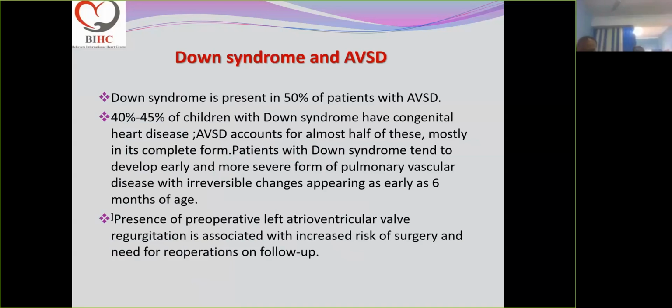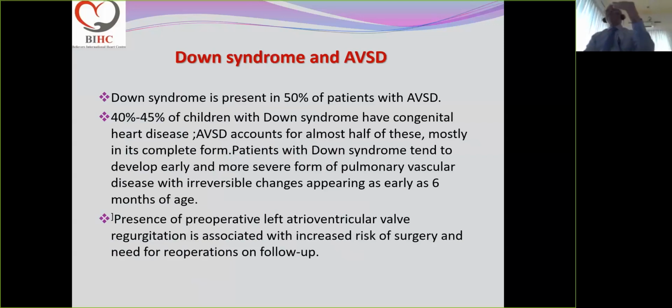We were discussing Down syndrome and saying that nearly half of them will have congenital heart disease, and half of this congenital heart disease is AV septal defect. If there is a large AV septal defect in a Down syndrome child, pulmonary vascular disease tends to develop at a rapid pace, and therefore it is mandatory that you try to operate by 3 months of age, definitely before 6 months of age.